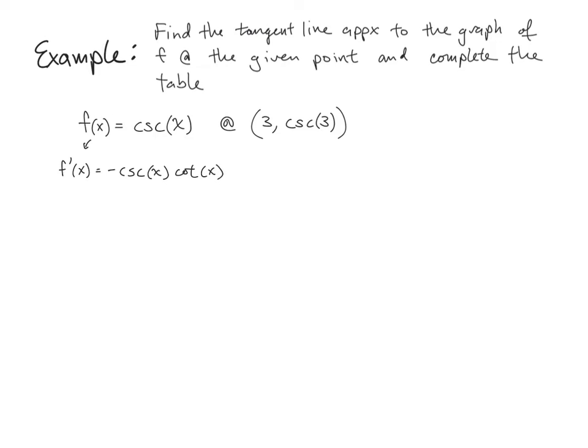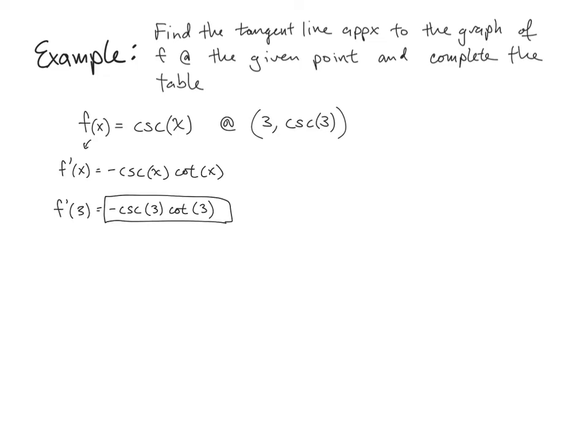Then what we can do is find the slope of the tangent line here, f prime of 3, is negative cosecant 3 cotangent 3. And to keep the values exact, we will be using this as the slope. And I do apologize if you can hear a snoring dog in the background.